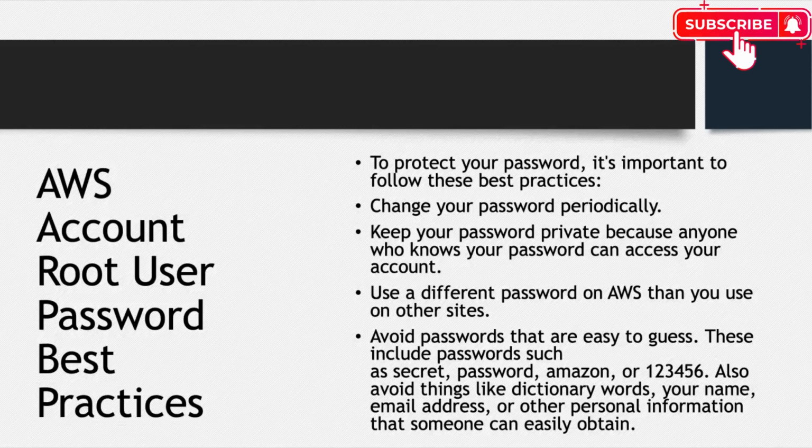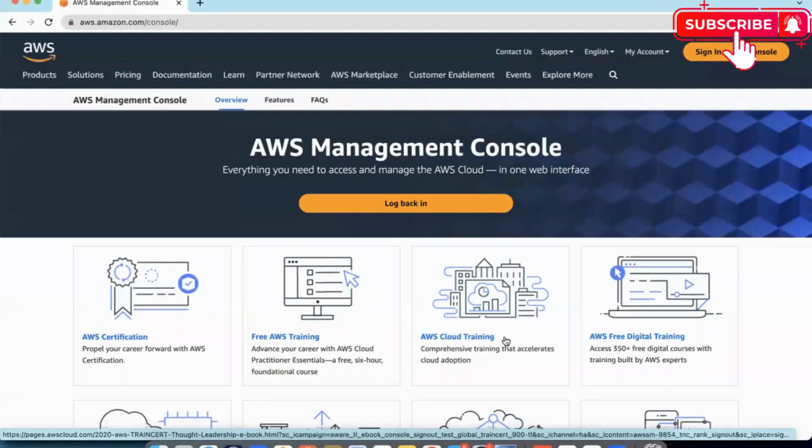Now, without any further delay, let me take you to the management console and let's see how we are going to add multi-factor authentication for our root user login. So move back to the management console. We are on the AWS management console sign-in page.